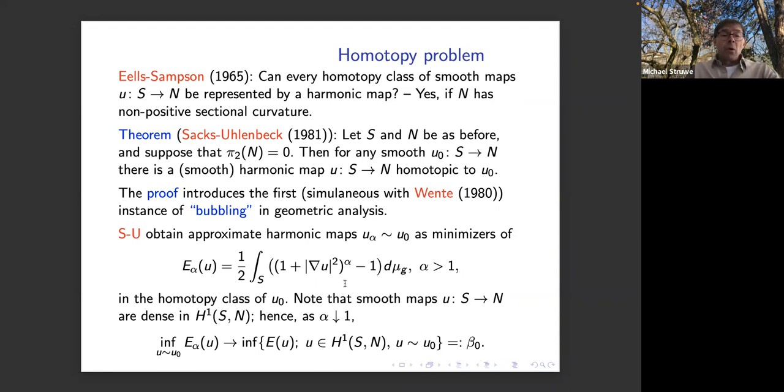Now, of course, the hope is that as alpha tends to 1, the minimizers u_alpha for the E_alpha energy in the homotopy class of u0 will tend to a harmonic map, a minimizer in the space H^1 of maps homotopic to u0.